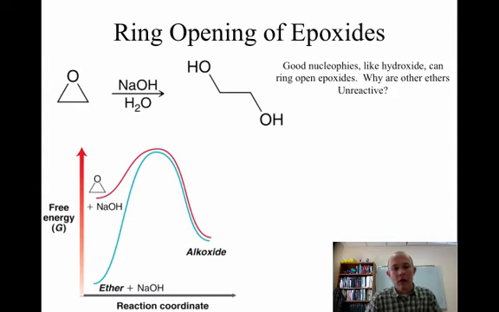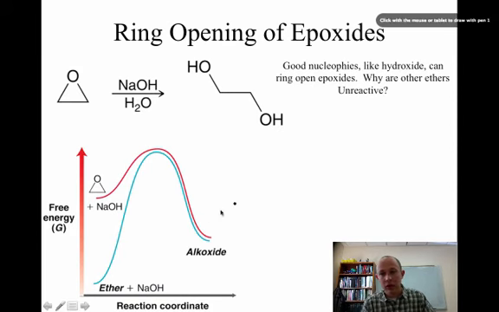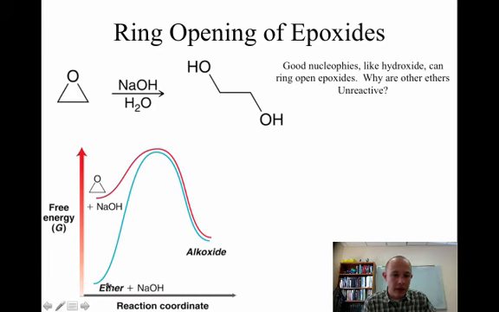Okay. So why, the rhetorical question that I'm asking here, why do epoxides react when other ethers are unreactive? Well, the reason is because epoxides are really strained. So they're much higher in energy than other ethers, like THF, for example, would be all the way down here. It's not strained. It's happy. So look at the activation energy barrier.